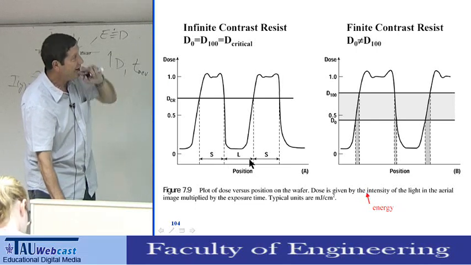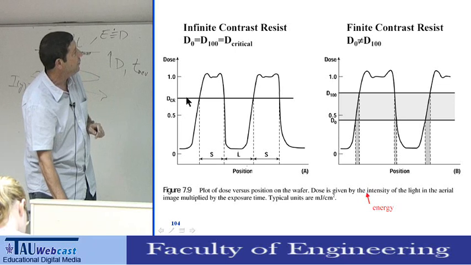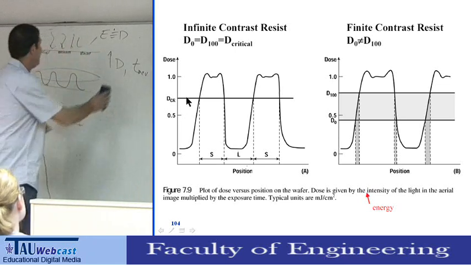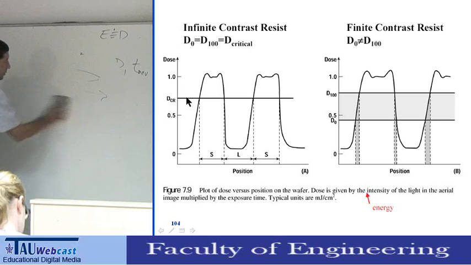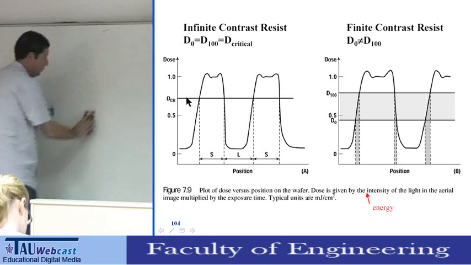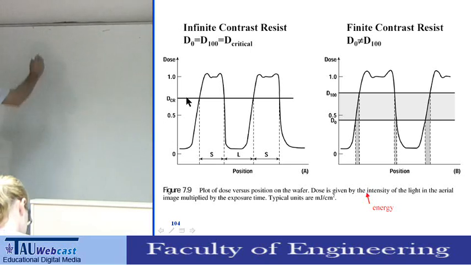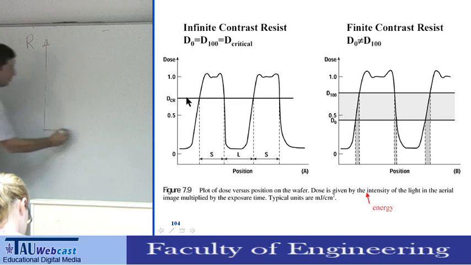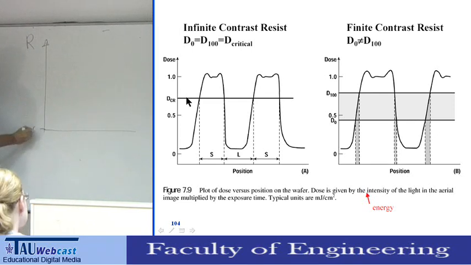Now let's assume that this is an ideal function. If you remember, we plot the photoresist thickness, normalized between 0 and 1.